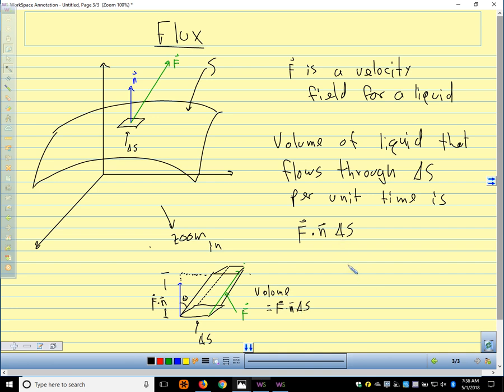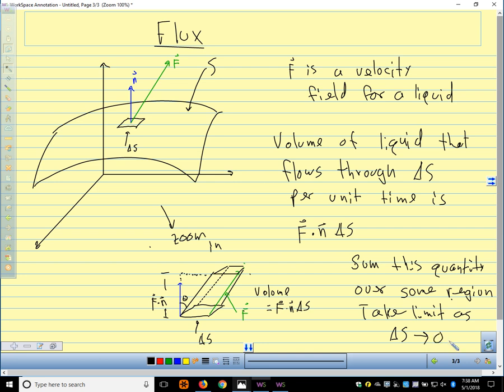So I'm going to say sum this quantity over some region, and take the limit as delta S approaches 0.